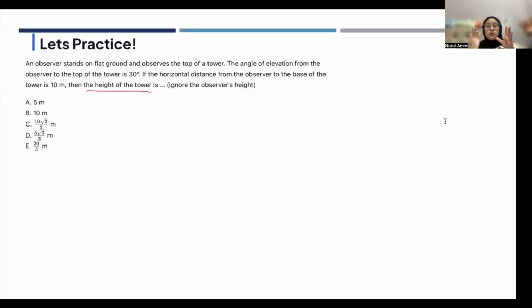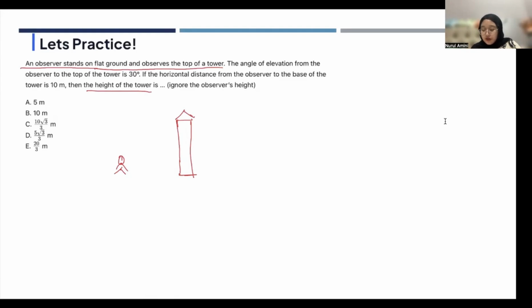I will draw the picture first. An observer stands on the flat ground and observes the top of the tower. This is the observer, and this is the tower, and this is the top of the tower.